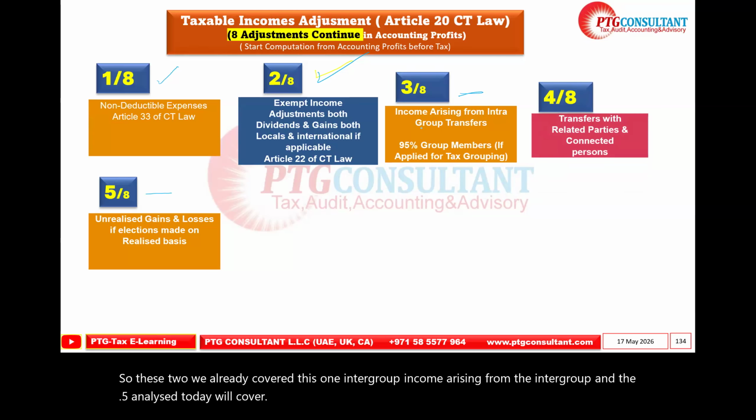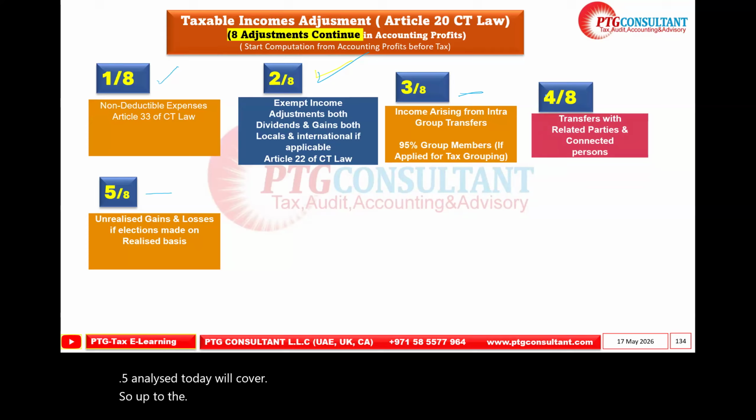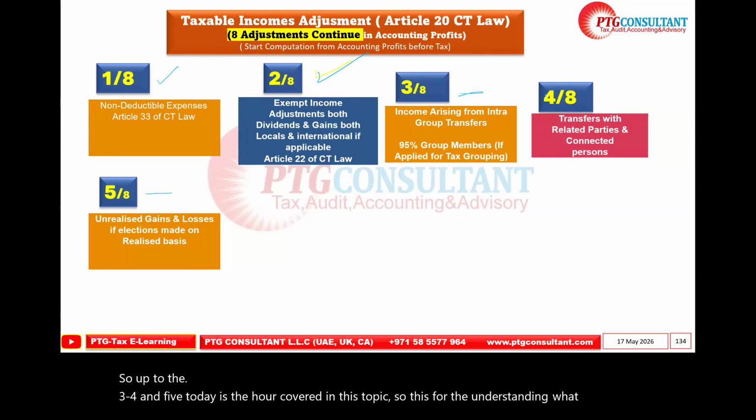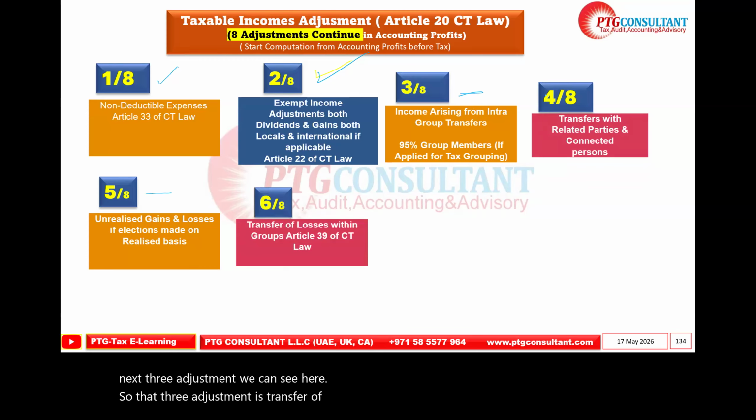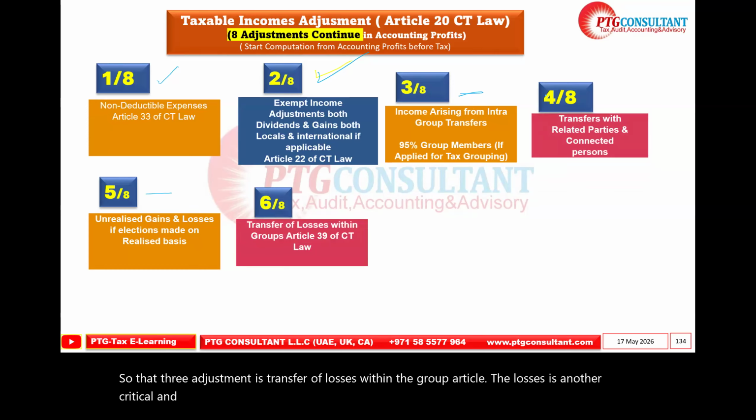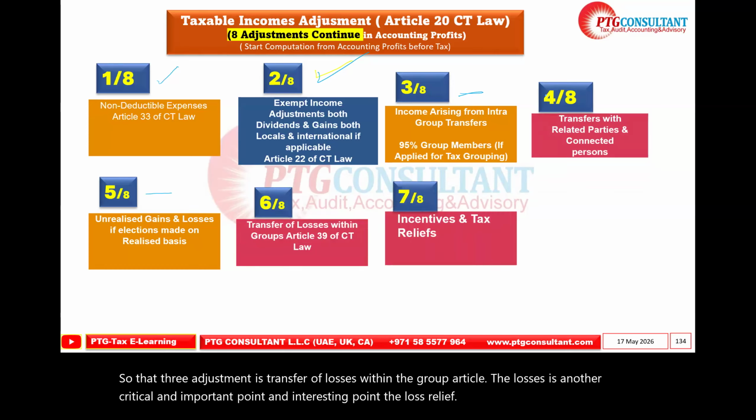So up to the 3, 4, and 5 is what we will cover in this topic. Just for understanding, the next three adjustments we can see here: transfer of losses within the group, and the losses, another critical, important and interesting point, the loss relief. Then the incentive tax relief.